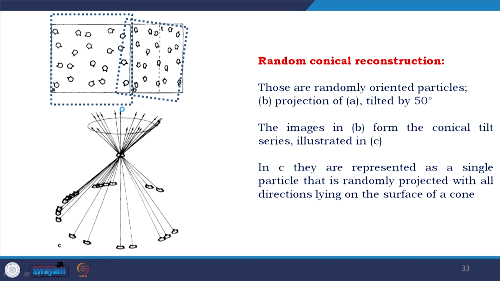In C, they are represented as a single particle that is randomly projected with all directions lying on the surface of a cone. So, that is why it is called random conical reconstruction, taking from 2D, doing a tilting development of a cone which is giving you the projection from 2D to the 3D.